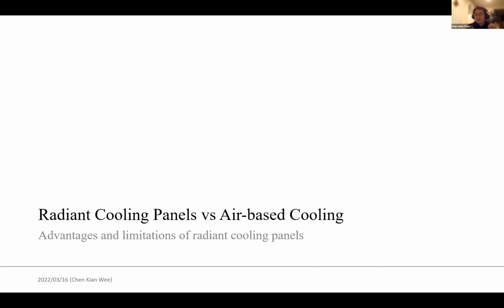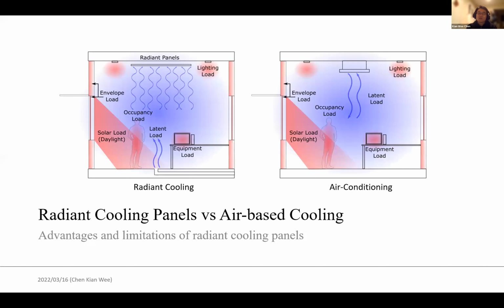So first of all, you have to define the cooling systems that I'm working on. On the right is air conditioning. That's the most conventional cooling system that's being used in most tropical countries. You throw cold air into the space and then you cool down the person. But for radiant panels, essentially you use radiant cooling.